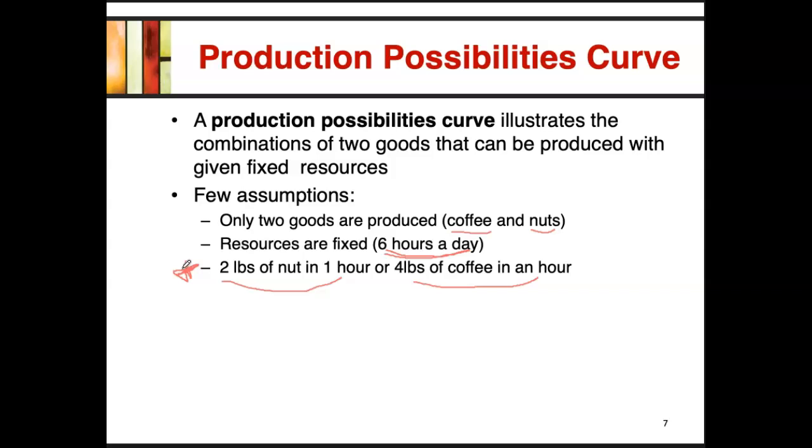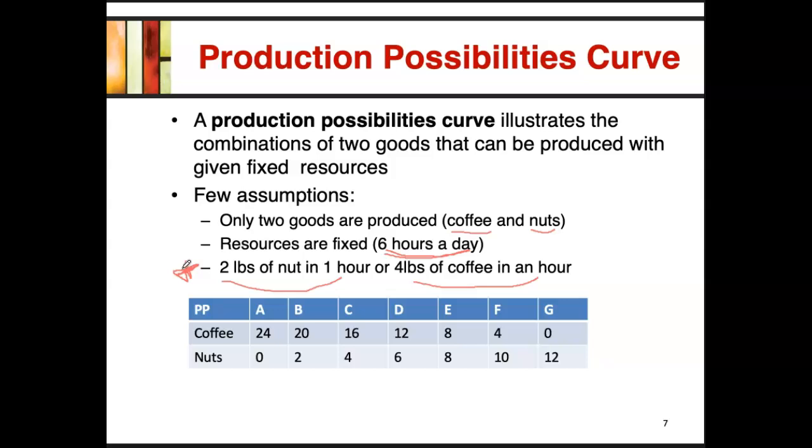So we can actually have a table for this. With this table, we need to go through it slowly for you to understand it. So let's look at scenario A. If Claire decides to use all the 6 hours to just pick up coffee, remember she can pick up 4 pounds of coffee in an hour.